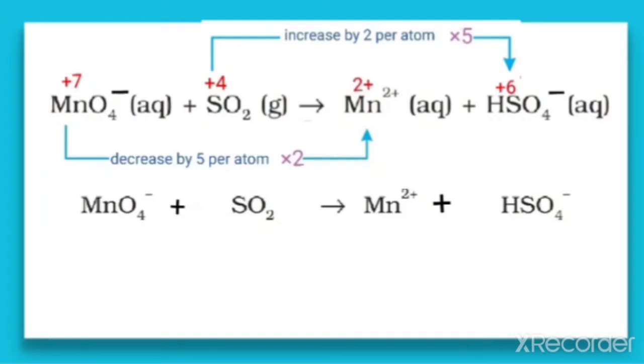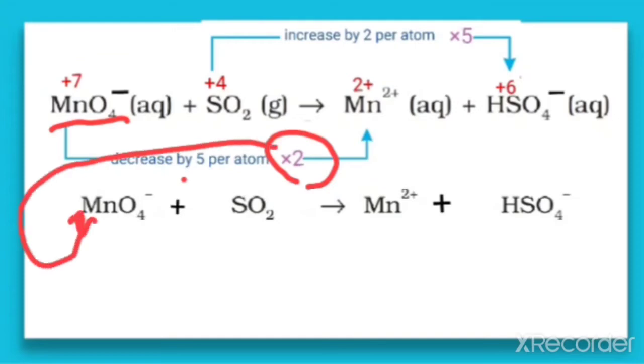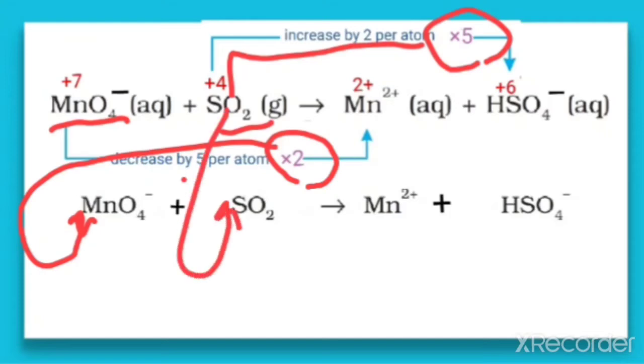That means for MnO4 negative, the value is decreasing by 5 per atom, but for equalizing we have multiplied with 2. So that number should be taken as the stoichiometric coefficient. And similarly here 5, that is for SO2, that you can see here on this line. That 5 you have to write as the stoichiometric coefficient here.